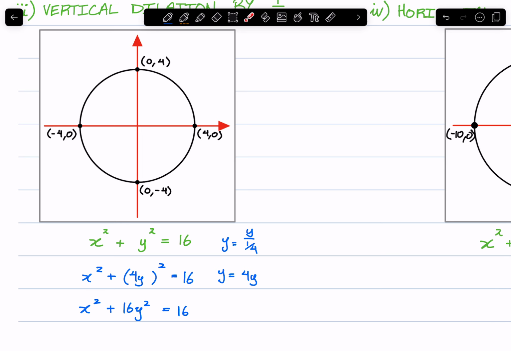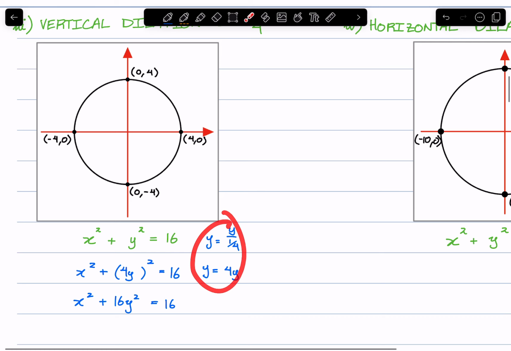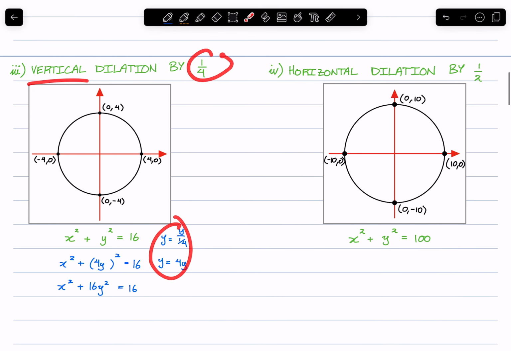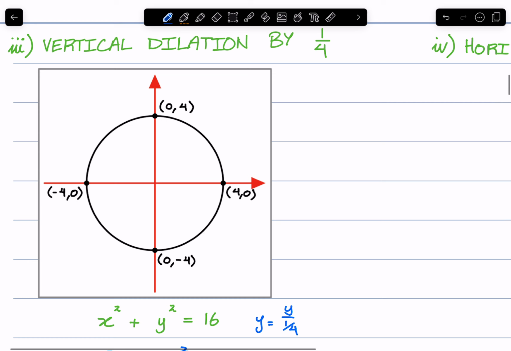Now, graphically, what this means is, since we are dilating vertically by a factor of a quarter, we are multiplying the distances of y by a quarter. So what was once 4 is going to be, well, times by a quarter, which would be 1, and what was 2 would be half. So approximately around here and here.